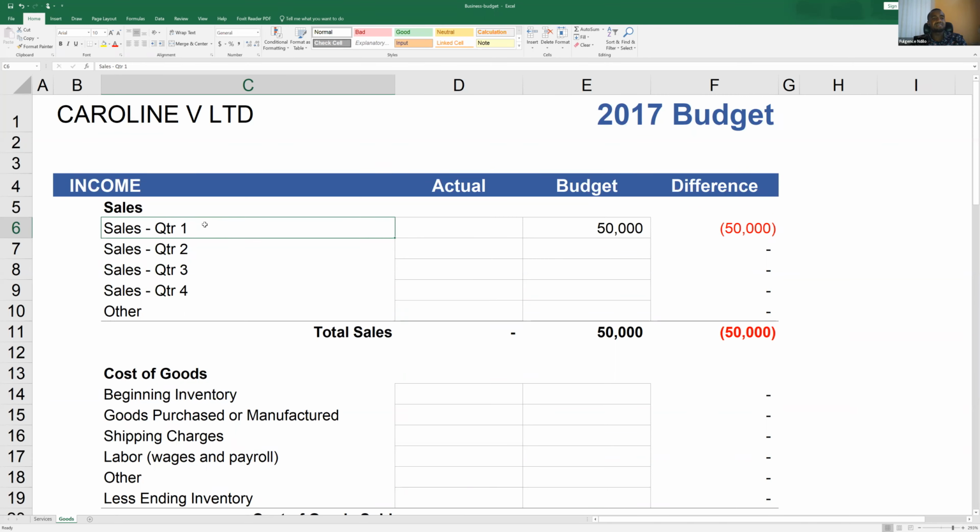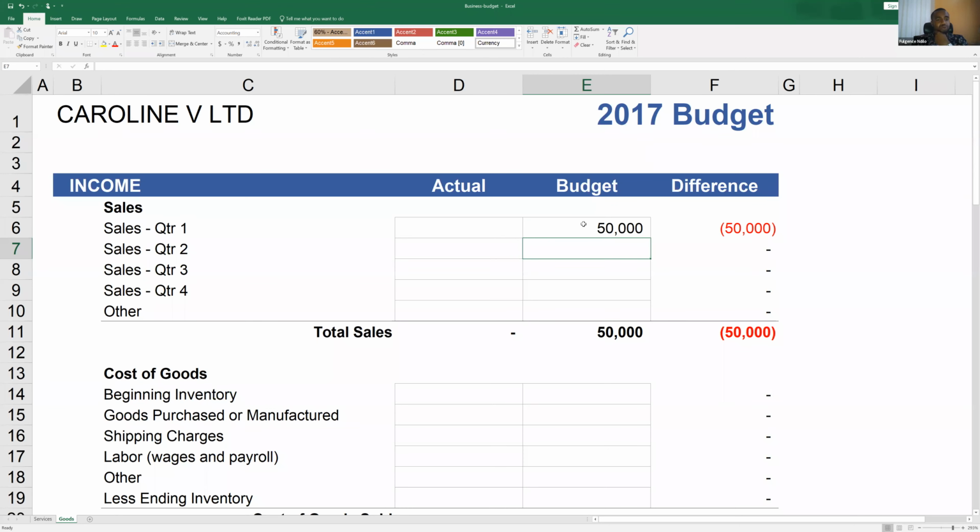And our business is to ship cars from US to Africa, to Malawi, to Kenya, to Zambia, and all that. So we are targeting, or we are setting ourselves in quarter one to be $50.